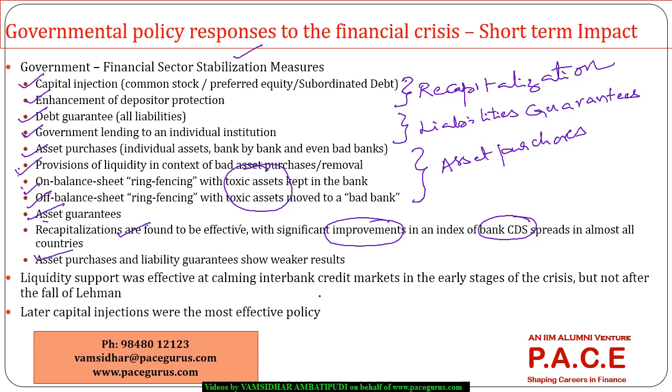But once the Lehman Brothers had collapsed altogether, the liquidity support that the government provided looked like a futile attempt. And the capital injections that happened towards the later stages after the crisis can very well be regarded as one of the most effective policy measures that have been taken up by the government.